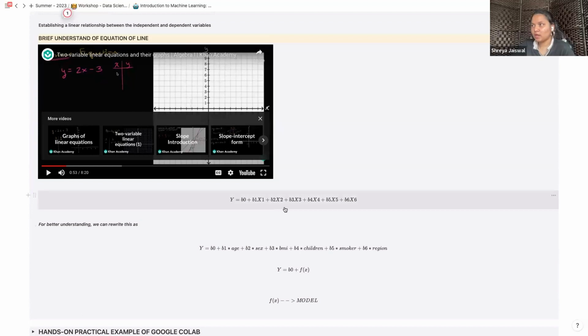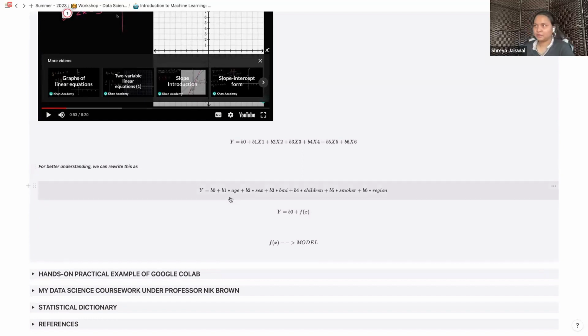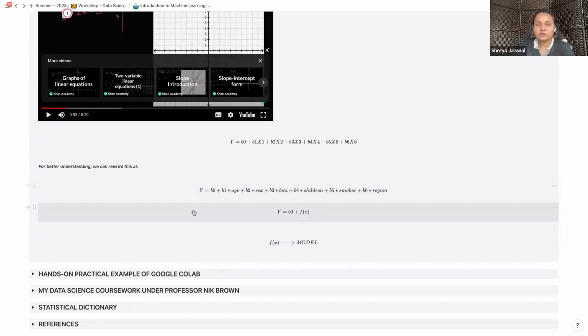So x1, x2, x3, x4, x5 are nothing but my predictor variables, based on which I am going to predict my response, right? So here we can substitute our x1 with our variables. The charge my client has to pay would be based on how old or young that person is, whether the person has a higher or lower BMI, the number of children the person has, and whether the person smokes or not. So these are the factors which are going to help me determine my response variable.